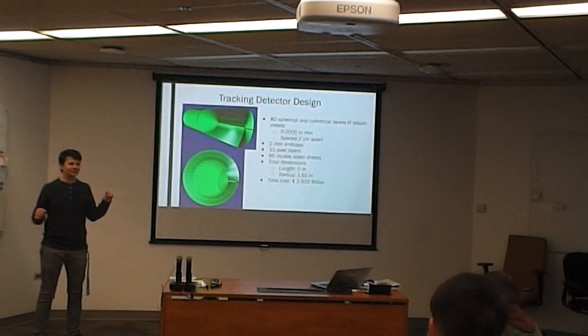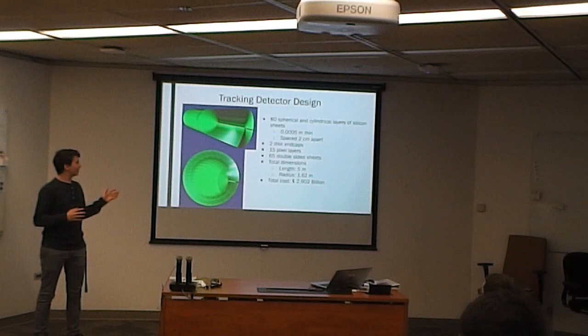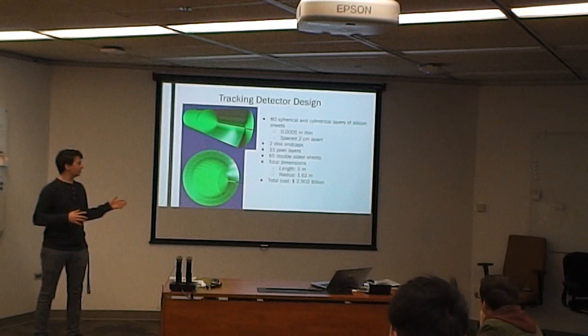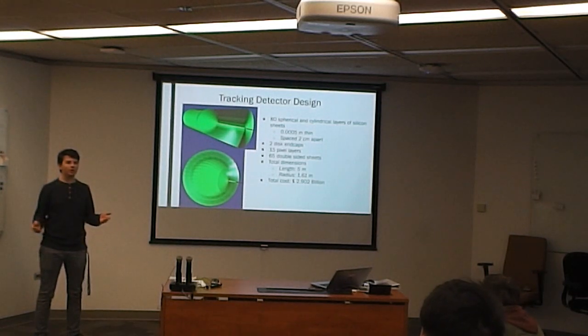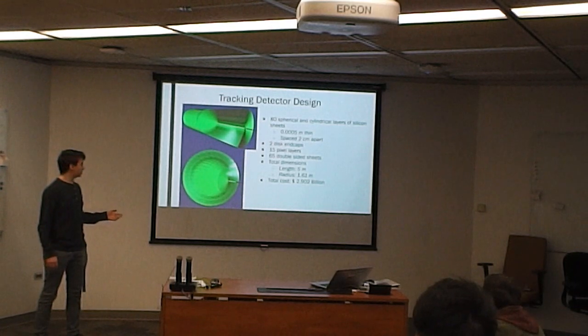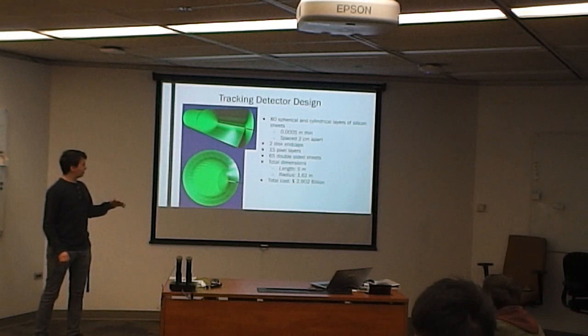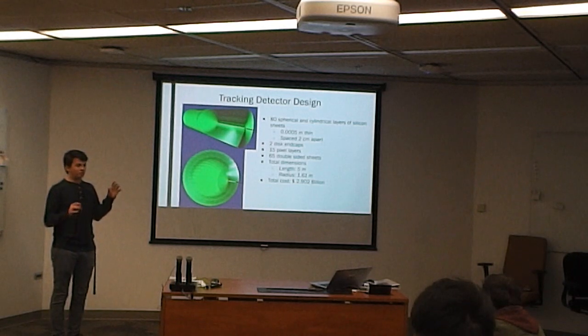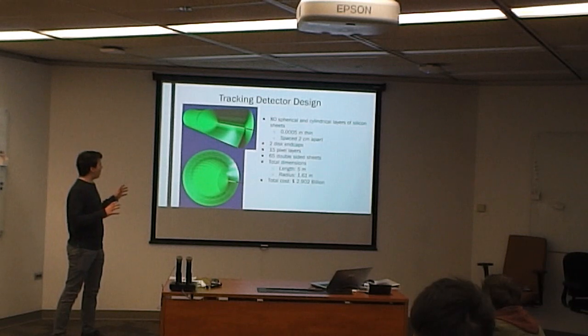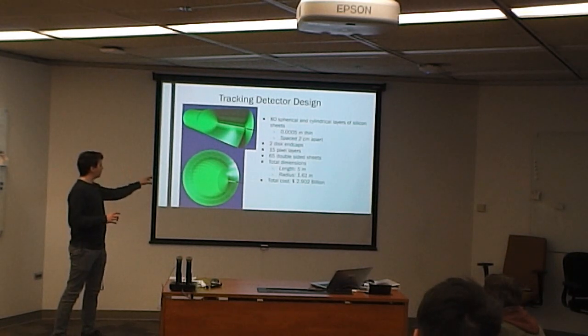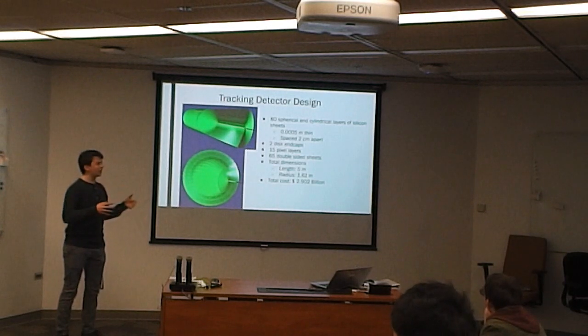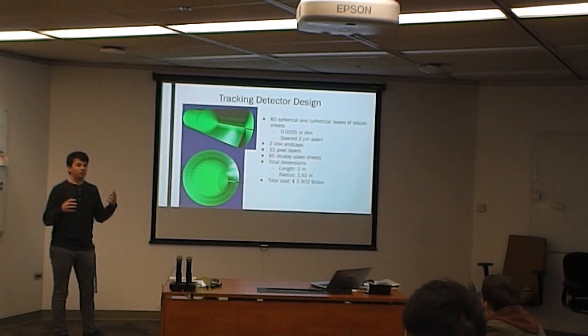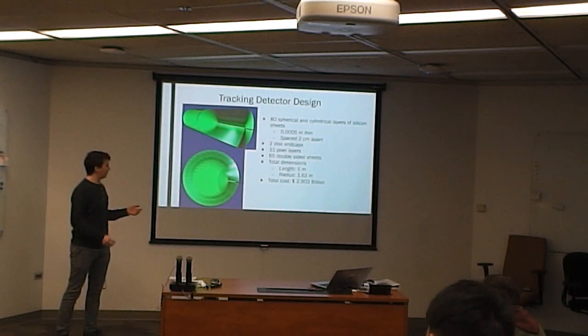Okay. So this is the detector design for the chameleon study that we're doing. Since we're just looking at the rate of the Higgs boson production, we want very high acceptance. So that went into the shape we designed. We decided to start out around the collision point with a spherical layer of silicon strips.